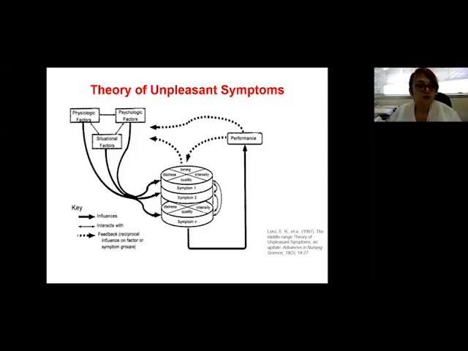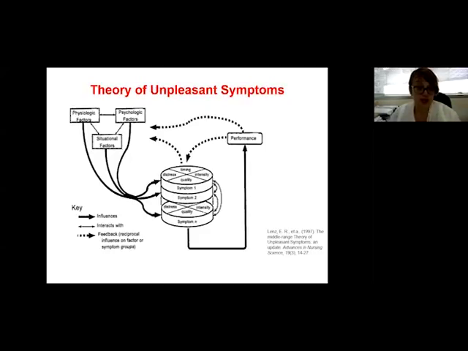What this theory also seems to suggest is that if you have a poor quality of life, there is a reciprocal influence back onto these factors, making these factors seem worse, which might contribute to the symptoms getting worse, or maybe the performance, such as a low quality of life, might have bearing on the symptoms.